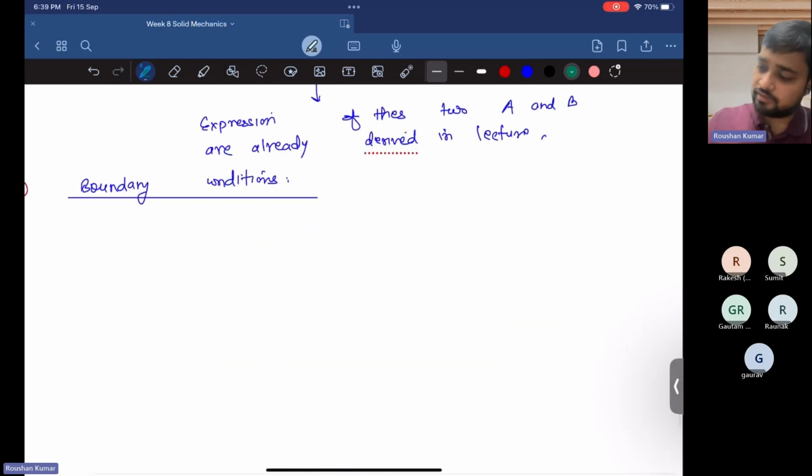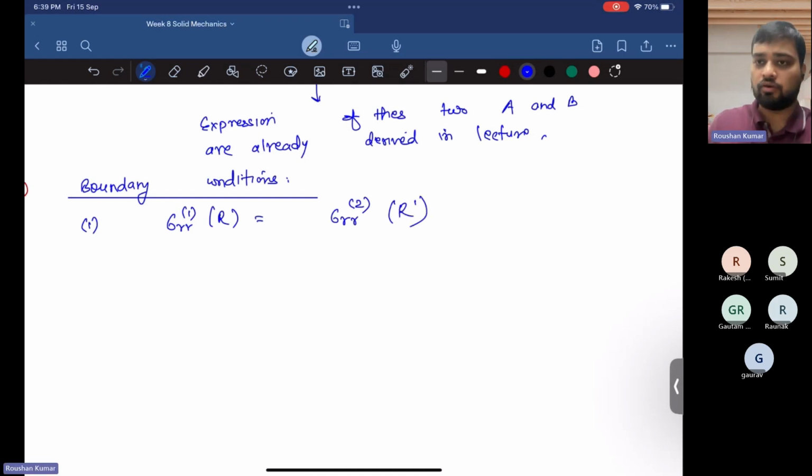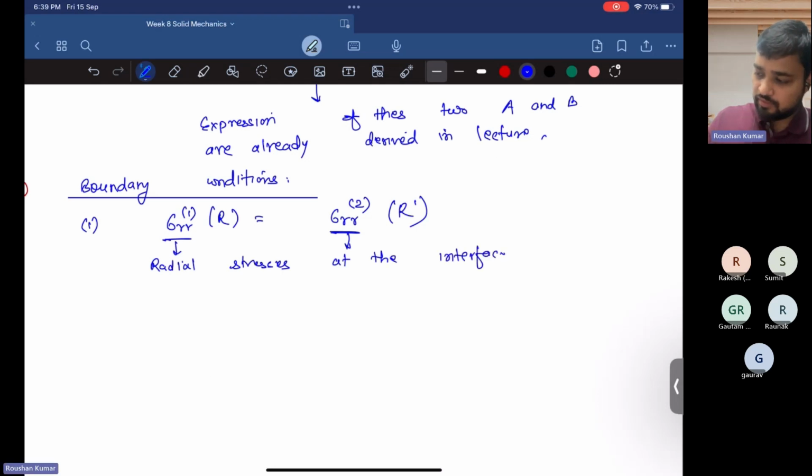So the first boundary condition is sigma rr due to the solid disk is the same as sigma rr due to the hollow disk. Here sigma rr 1 and 2 represent the radial stress at the interface. So this is the first boundary condition, and it comes from the continuity of radial stress.